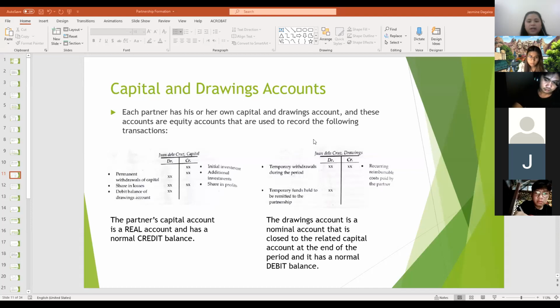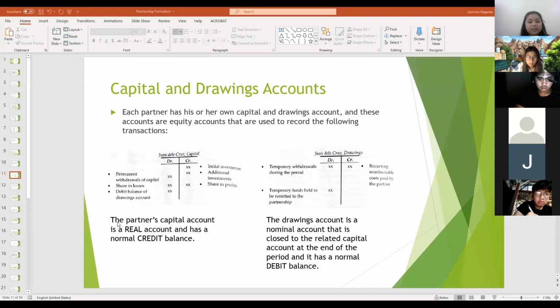So these will be the transactions related to drawings account if you should debit it. You will credit the drawings account if recurring reimbursable costs paid by the partner. I-credit nyo na siya pag binayaran na yung temporary withdrawals ng partner.